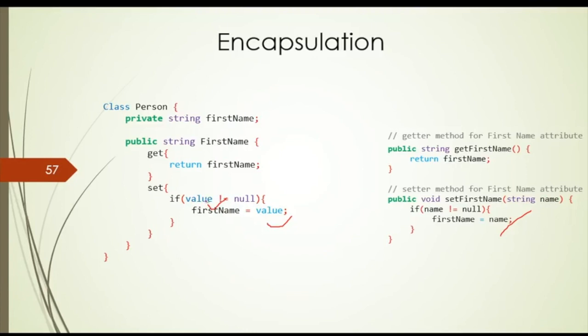So when you say value, it means the parameter that was passed in. So we're checking the value. If it is not null, then we are putting it to the field. So you really have to have a field when you are explicitly defining it. Other than that, you really don't need another private field.